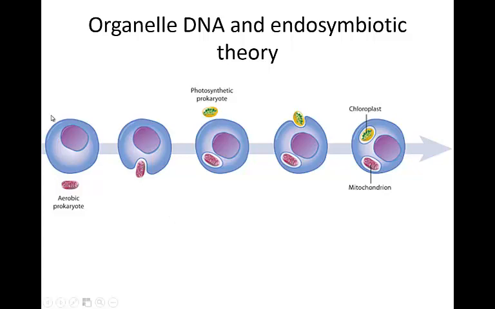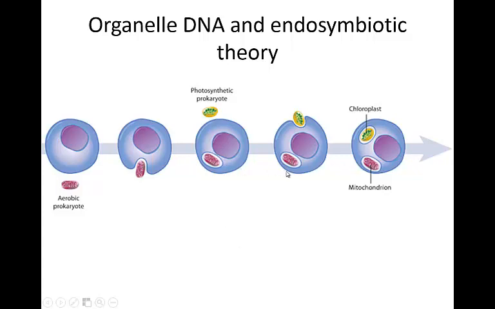What it's thought is that way back, there was an aerobic prokaryote, there was a eukaryotic cell. It took up this aerobic prokaryote, and it was beneficial for the organism to keep it around. Imagine that this aerobic prokaryote was doing things like breaking down sugars for energy. Yeah, that would be very beneficial to keep around, and so you can see why it has been associated for a long time.